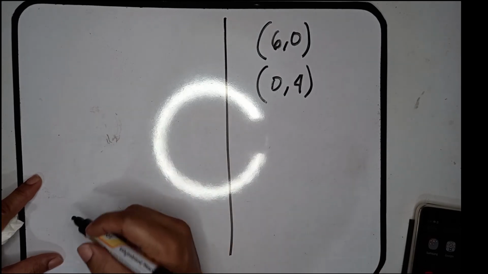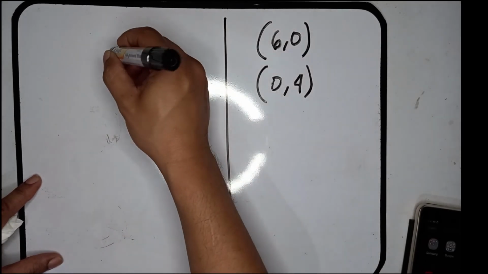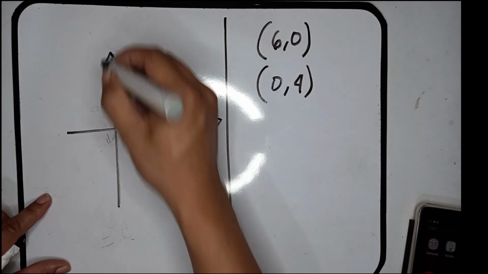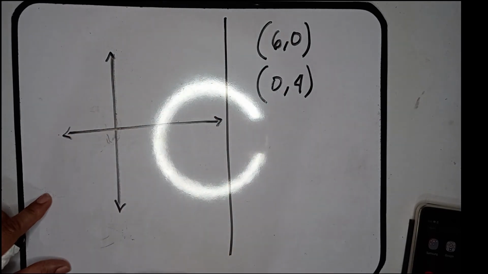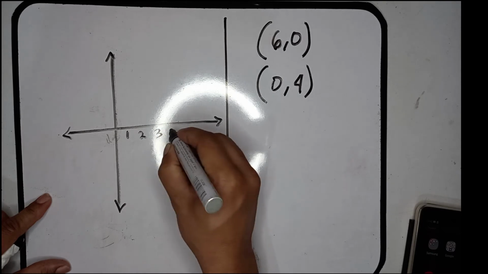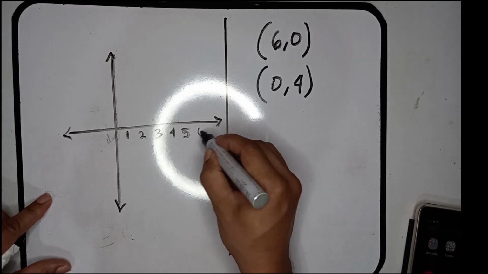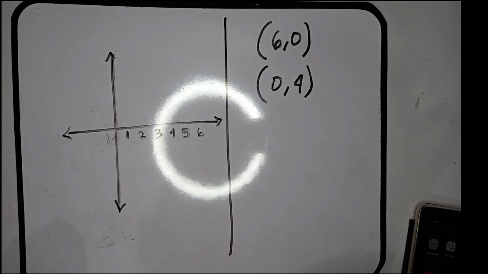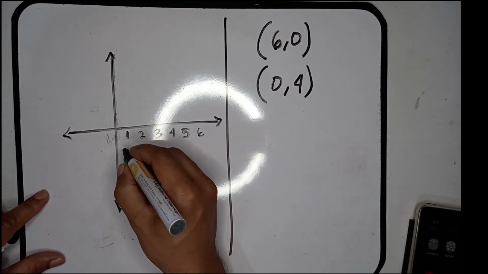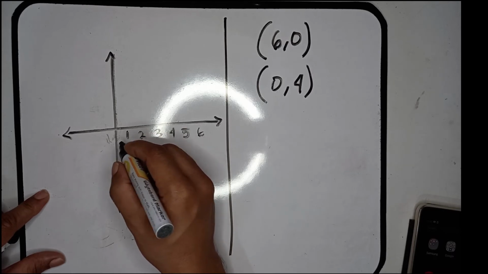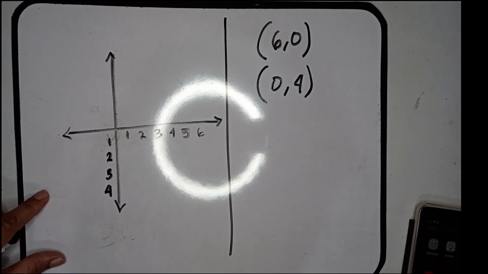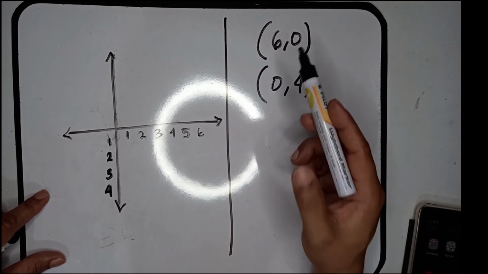Okay, then let's graph these points that we have solved. For the first point, our x is 6 and our y is 0.